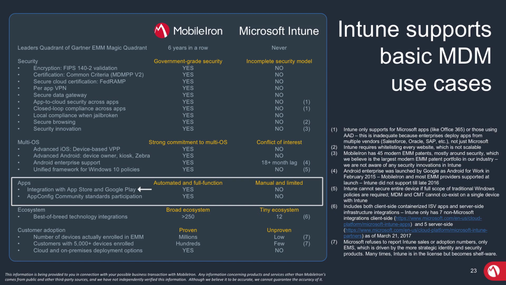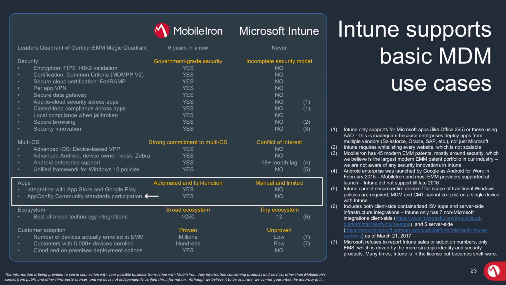The other thing that's a reflection of how MobileIron looks at applications versus Intune, we believe, is that we were one of the founding members of the App Config community, which is a vendor-neutral cross-EMM community that's focused on encouraging the use and educating on the use of native standards. So this is a standards-based organization that really makes sure that people understand the capabilities that Apple and Google are building into their operating systems for applications.